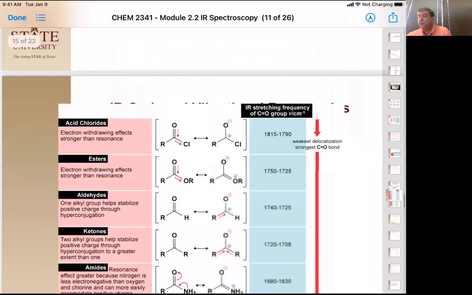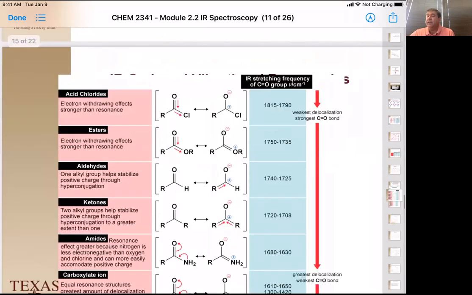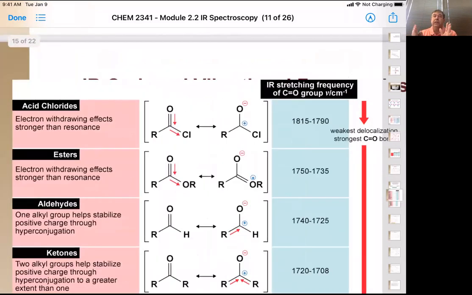Okay, so the first thing I want to do is look at a very electronegative atom, chlorine. That's the most electronegative atom we have here, and therefore chlorine is going to give us our largest change in shift. It's going to move to higher frequency. So we actually have it way above 1720, which is where ketones are, up to this 1850 to 1790.